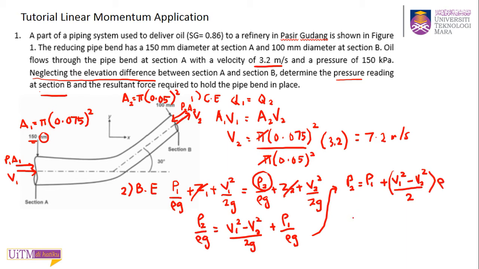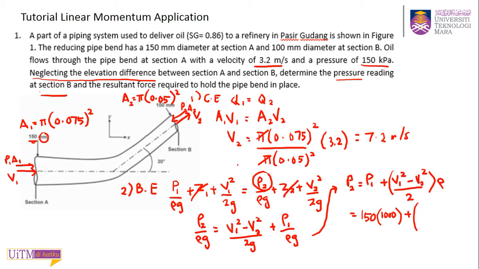So P1 for this one is 150 kilopascal. So just put back 150. Remember this is kilopascal, so you need to times 1000. Plus V1 squared. What's V1?